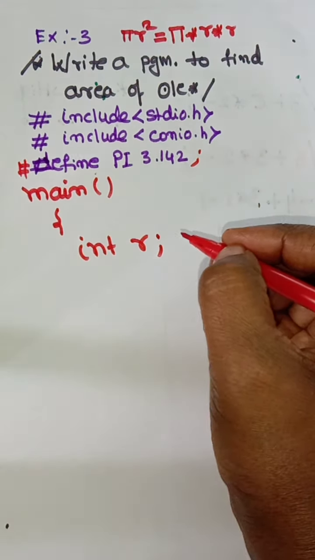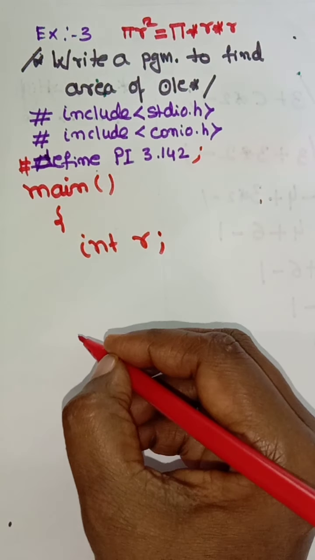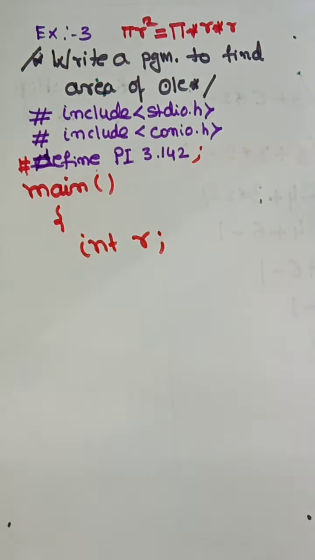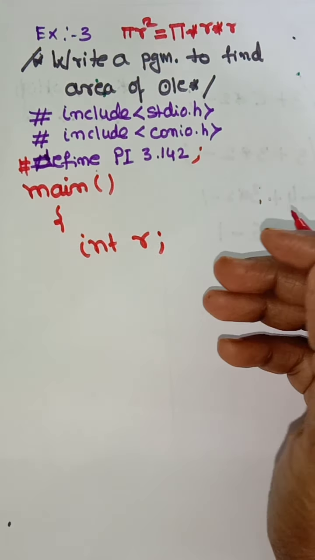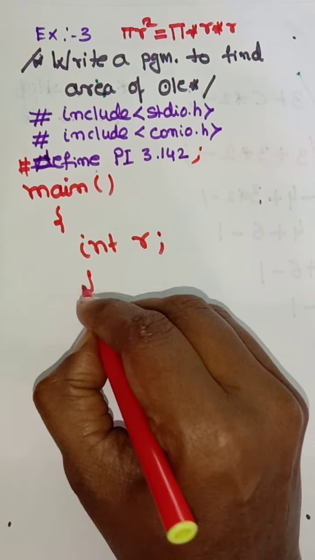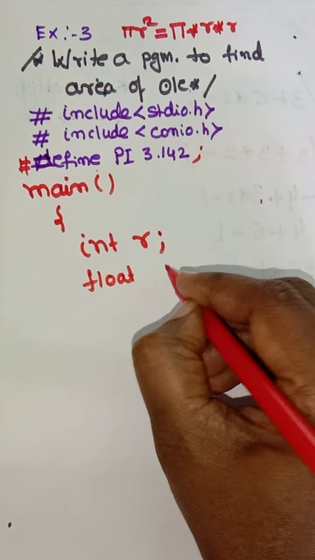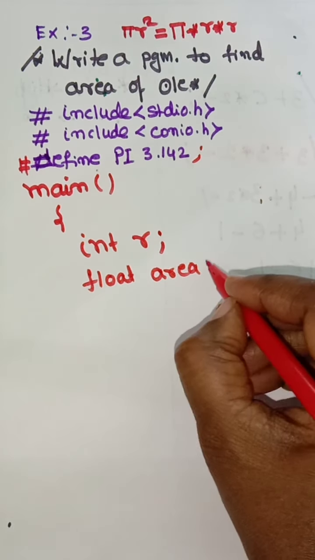If you want, you can take the float also. No problem. But after calculating, the answer should be stored in one variable. So I take that as a float area, one variable.